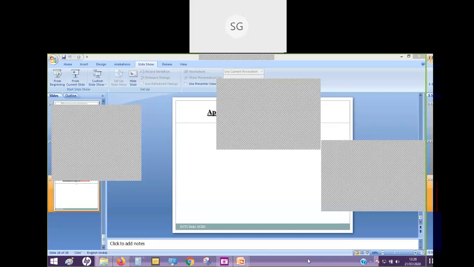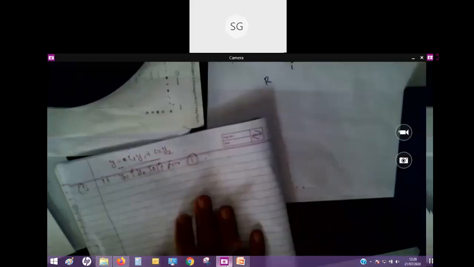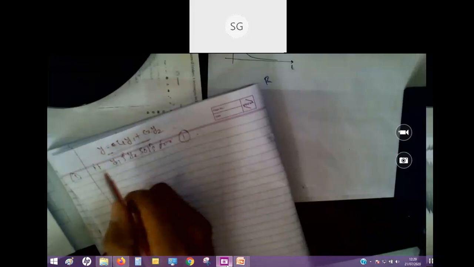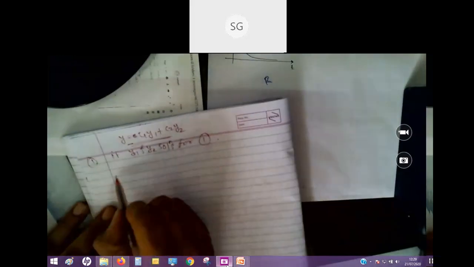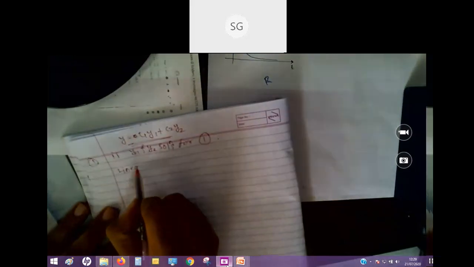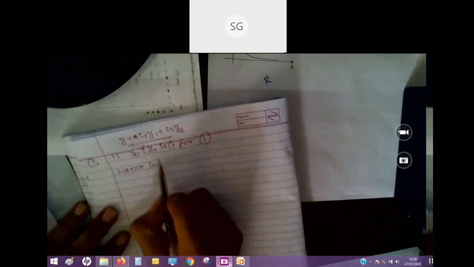Now the next part is a very simple part. Only we have to add x in this. Do you know the basic definition of linearly independent solutions? Please understand this concept: linear independency.